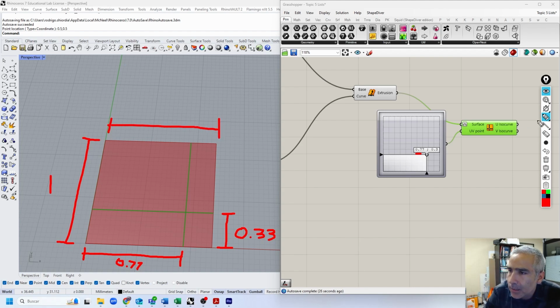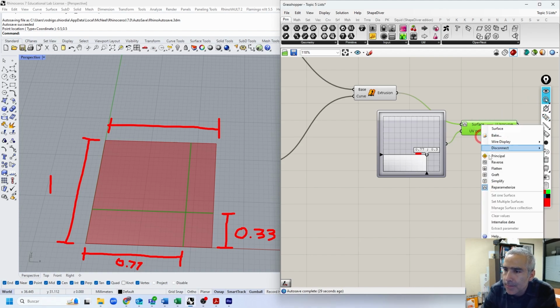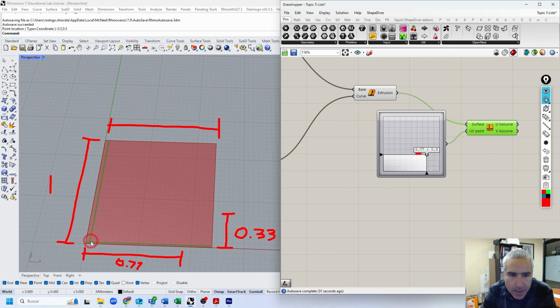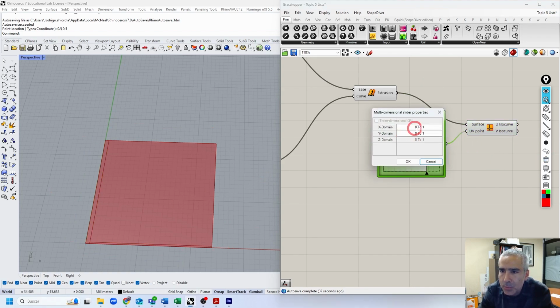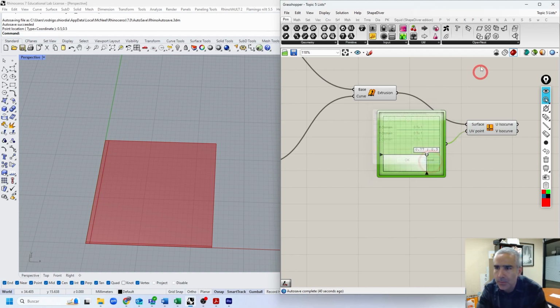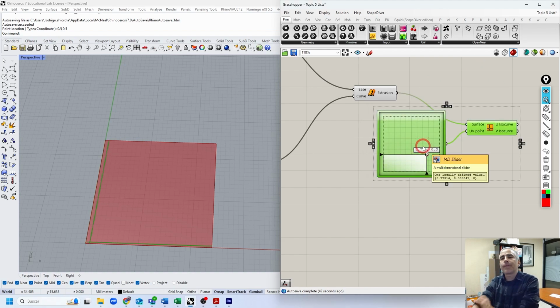If the surface is not reparametrized, you get that sort of in absolute units. But you can also change that to be something different. But anyways, so that's another way of understanding surfaces in Rhino.